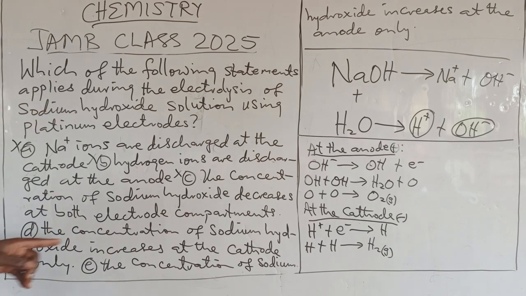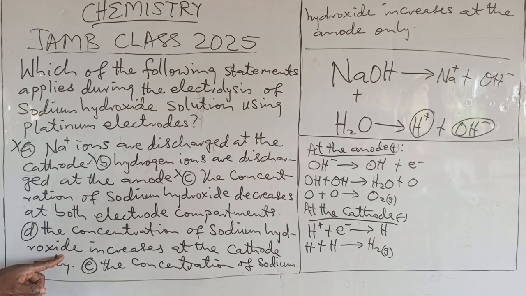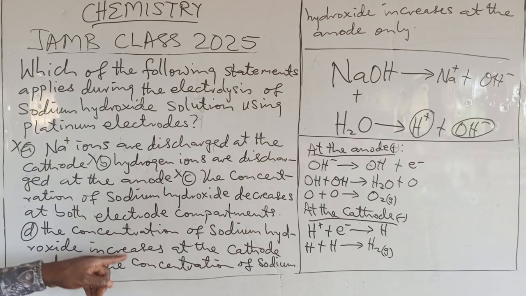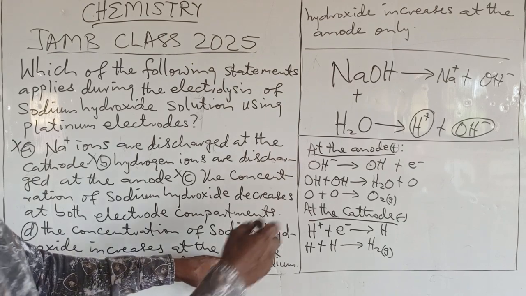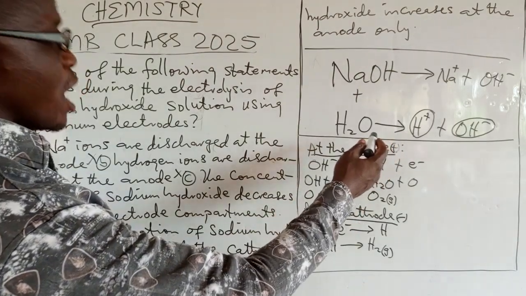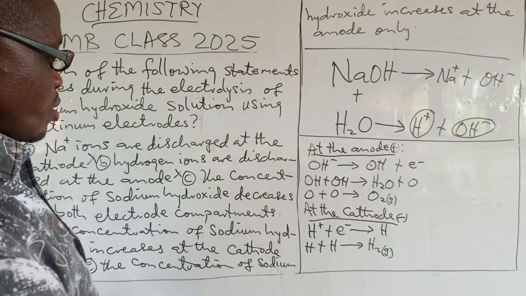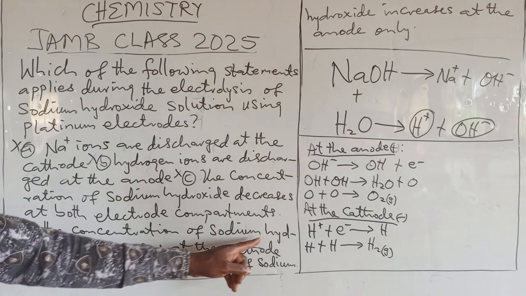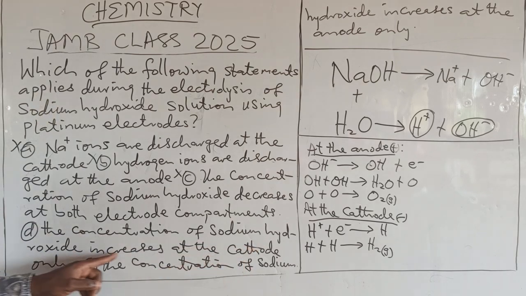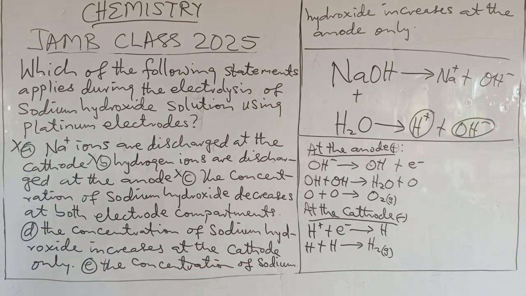D, the concentration of sodium hydroxide increases at the cathode. That's where you have both the sodium and the hydrogen moving down to, but hydrogen is removed. The sodium remains the same. So the concentration of sodium hydroxide increases at the cathode only.